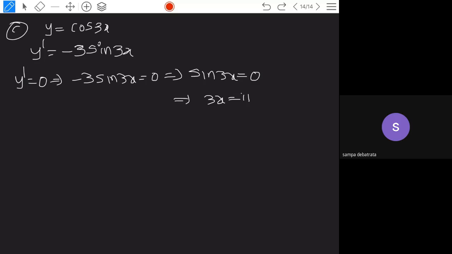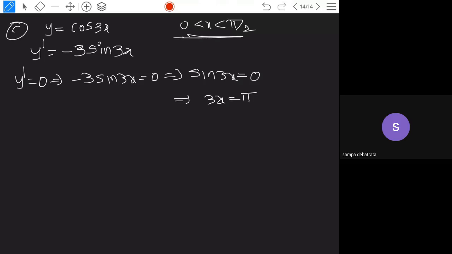As the x is given to you 0 less than x less than pi by 2, this I will explain to you. X value lies between 0 to pi by 2. Then 3x value lies between 0 to 3 pi by 2.